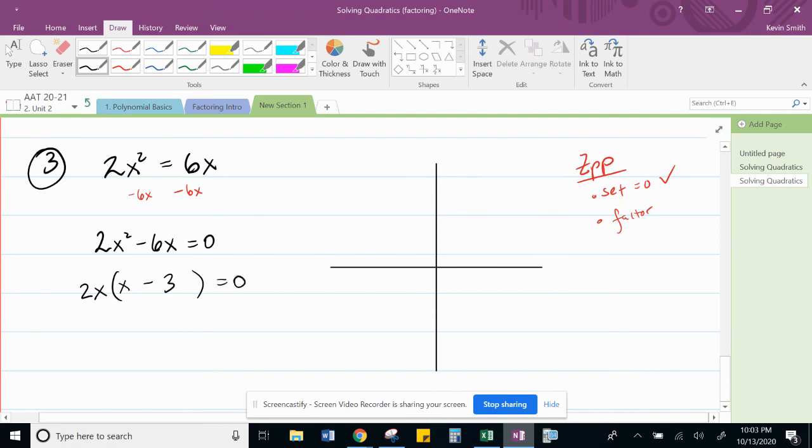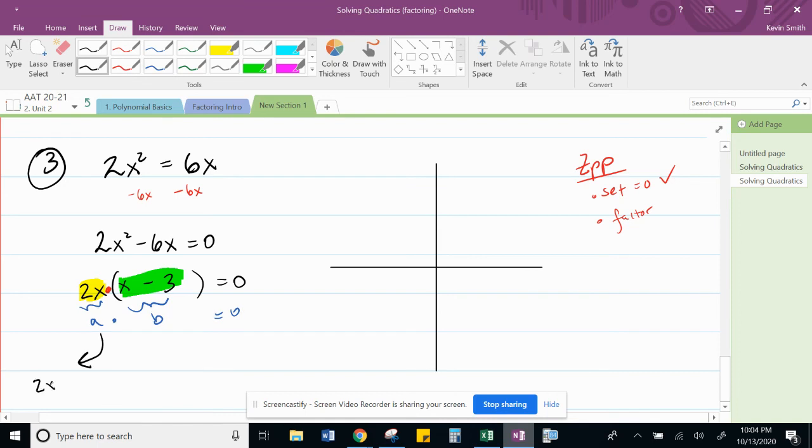Now keep in mind, this is another form of factoring. Now we have a multiplication problem. This is my A, and this is my other product, B. A times B is equal to 0. So that means one of two things has to be true.